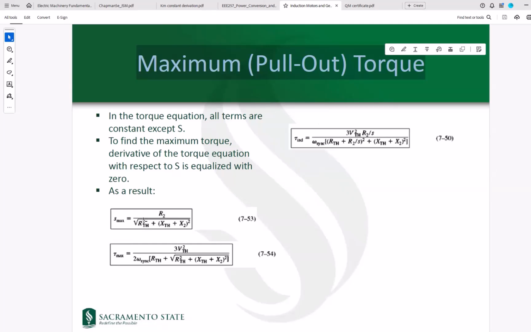At the start of the motor, what would be the slip? When the slip is 1, it means that we are under startup conditions. Now, if you want to have your maximum torque happening at the startup, it means that you want your S max to be as big as possible, right?